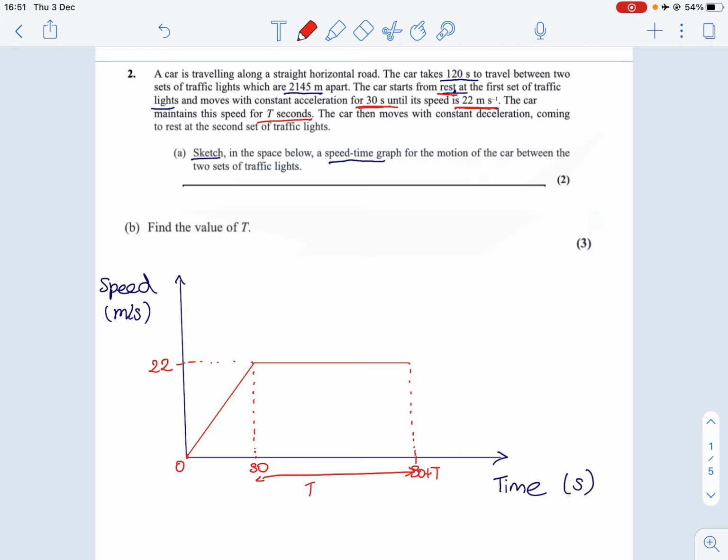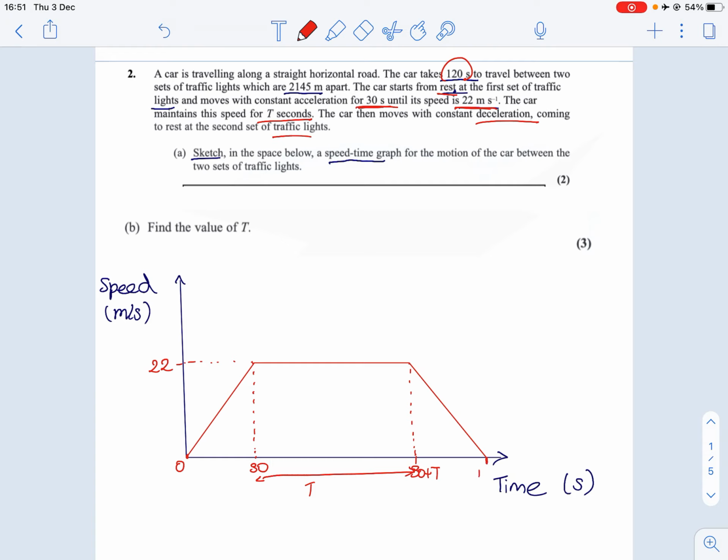Then the car moves with constant deceleration, coming to a rest at the second set of traffic lights. So remember, back to the start, the car takes 120 seconds to travel between two sets of traffic lights. So we know it decelerates to 0.